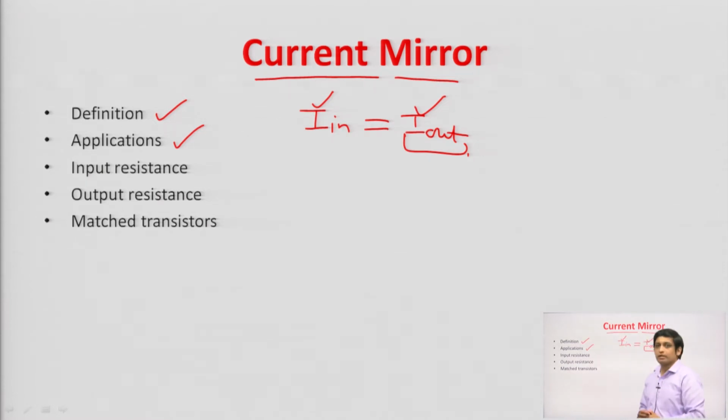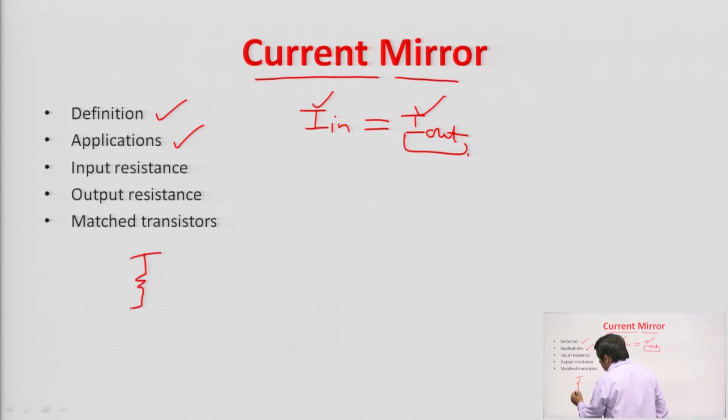So, this current mirror is not new to you. In unit 1 when I was discussing the biasing in BJT and MOSFET, there was a biasing technique, that is the biasing using constant current source. So, that circuit is biasing using constant current source in BJT and MOSFET both. Let us take the example of MOSFET.